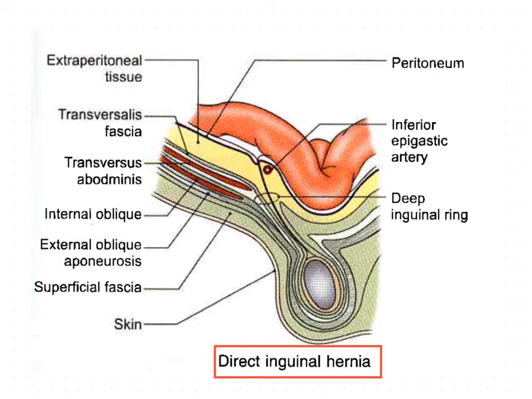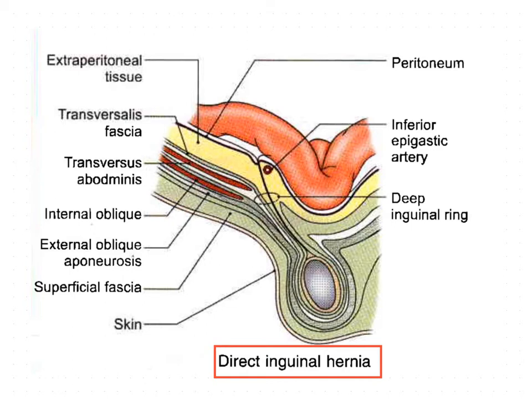It occurs through Hesselbach's triangle. As we know, the triangle is bounded by the inferior epigastric artery, the lateral border of rectus abdominis and the inguinal ligament. Of course, this area is divided into medial and lateral parts by the passage of the obliterated umbilical artery.